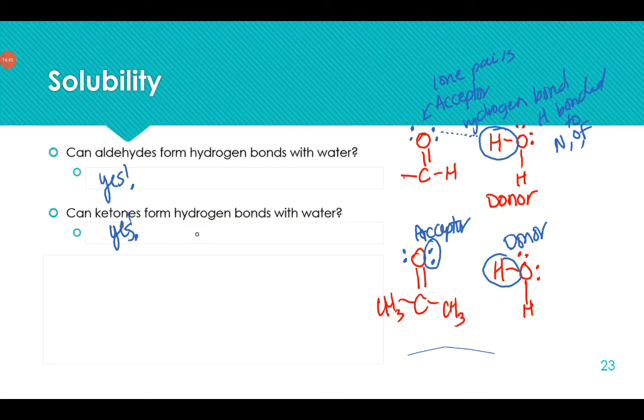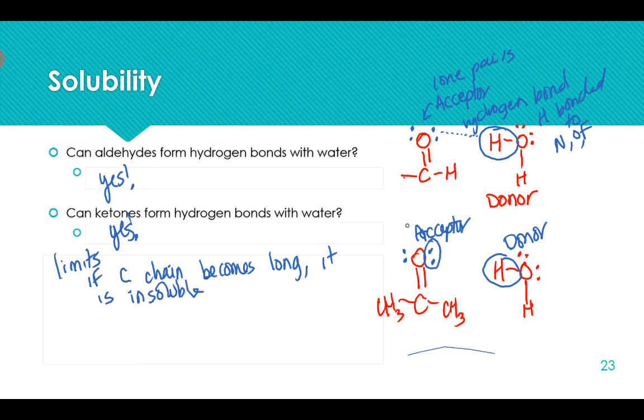There are limits to solubility. If the carbon chain becomes too long, they'll become insoluble. But short chain aldehydes and ketones will be soluble in water because they can hydrogen bond.